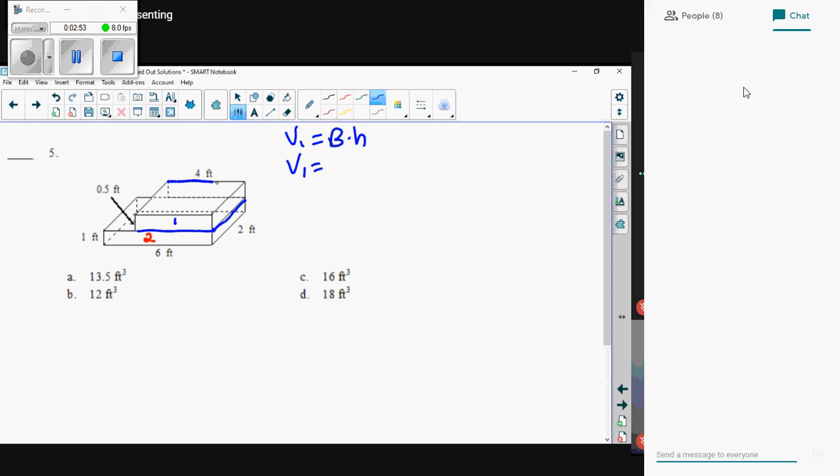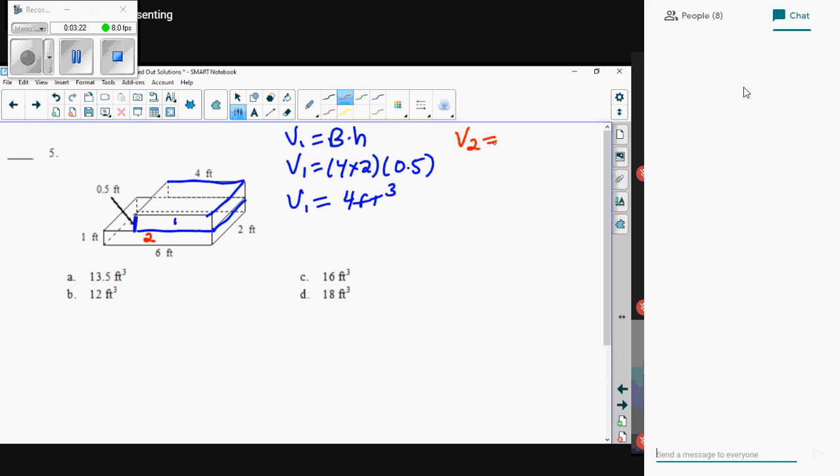The length times the width is this segment of 4 times that segment of 2, so that's going to be 4 times 2. But then we need the height, and the height is this distance here, and that's going to be the 0.5. So for volume 1, 4 times 2 is 8, and 8 times 0.5 is going to be 4. And the units are going to be cubic feet for volume number 1.